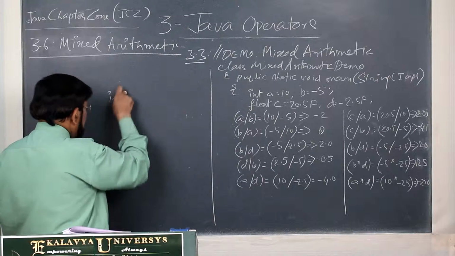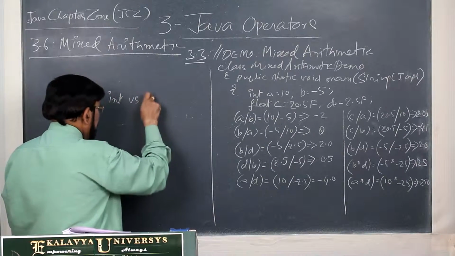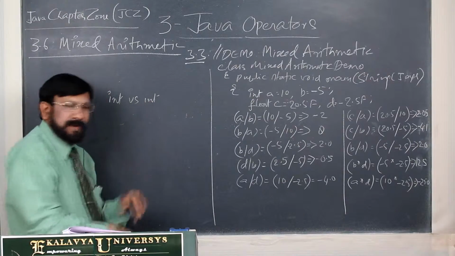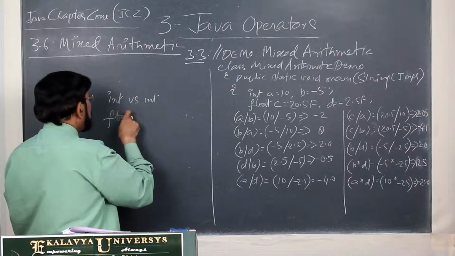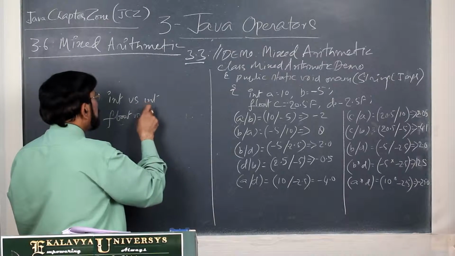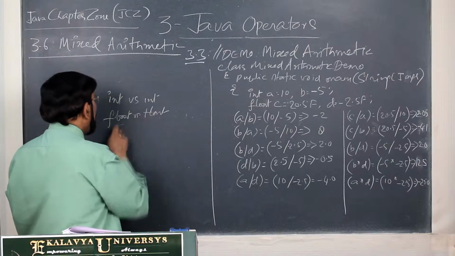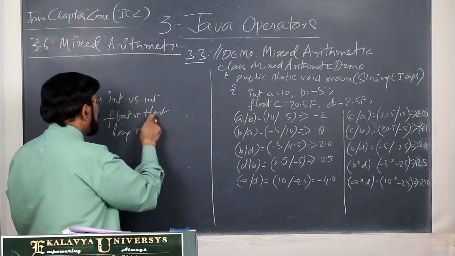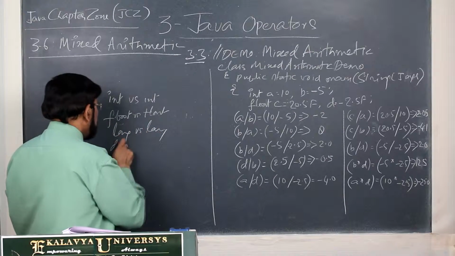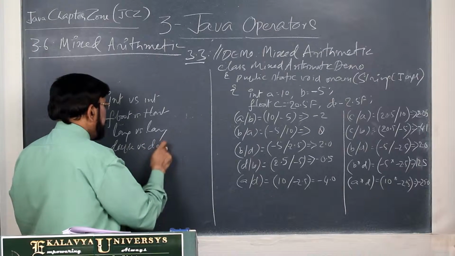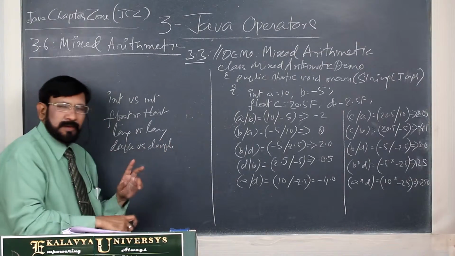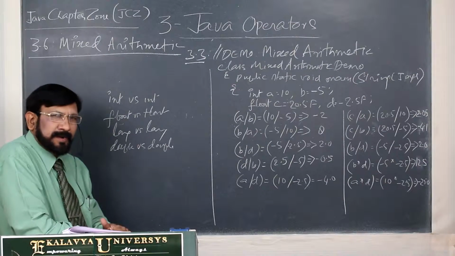Originally they can act upon similar data types: int versus int, float versus float, or long versus long, double versus double. Like this only, they can act upon the same data types.